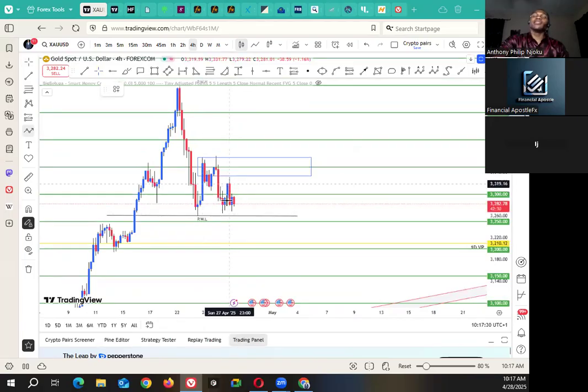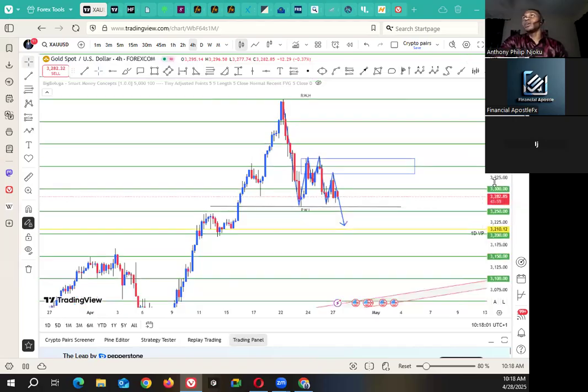Gold works with psychological levels ever since the parabolic bull run started, because it's in a region that no one really knows its next form. So with that in mind, we have this double top, formed correction, and I expect gold to drop further down. Okay, that's what I see for gold right now.